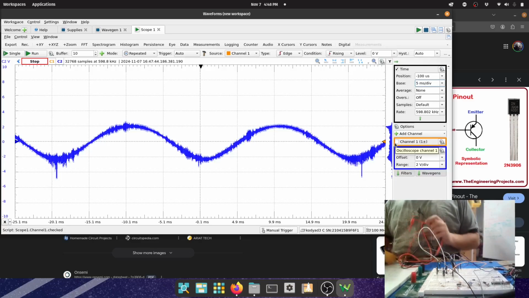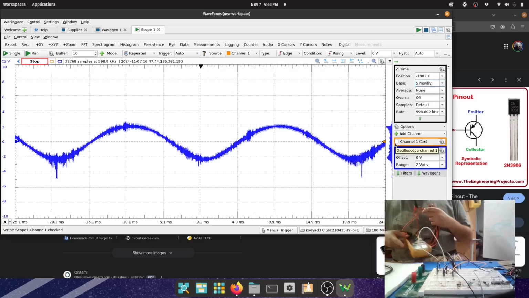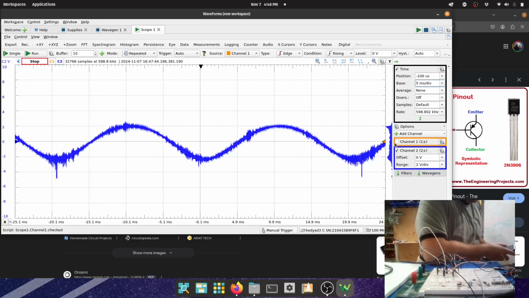Basically it's a very high gain because, well, let's see, 2 divided by 0.01 is 200. Gain is about 200.